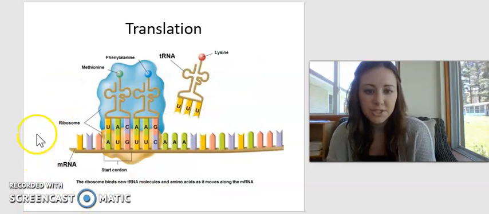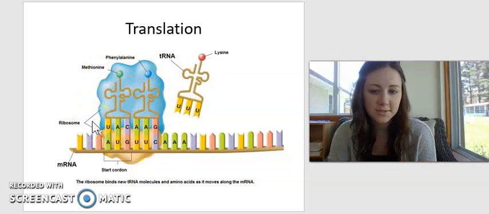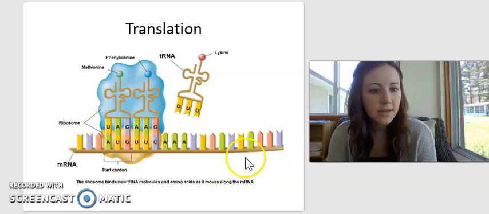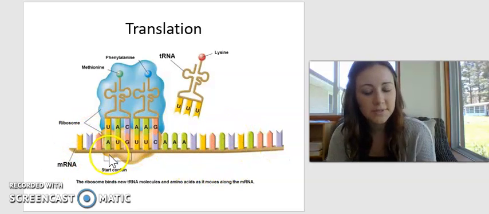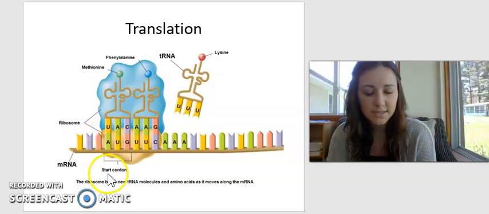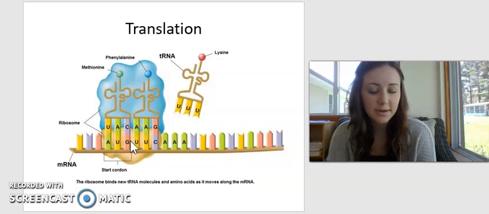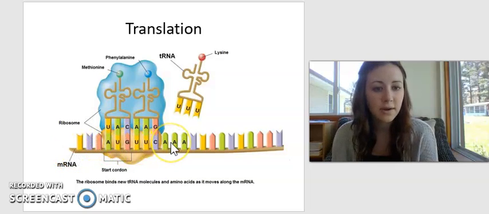Now with translation, what we see here, we're on a ribosome now. So in your mind, go to a ribosome in a cell. The mRNA is going to come through the ribosome, and there's 3 letters, 3 bases, 3 nucleotides, however you want to put it, from the mRNA, and they're going to make up something called a codon.